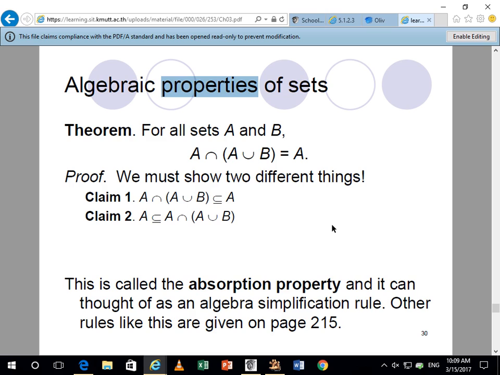This is right here. We're trying to prove, the theorem says that two sets, A and A union B. So here we have A intersect B and A, right? But now let's look at A and A union B, or A or B.